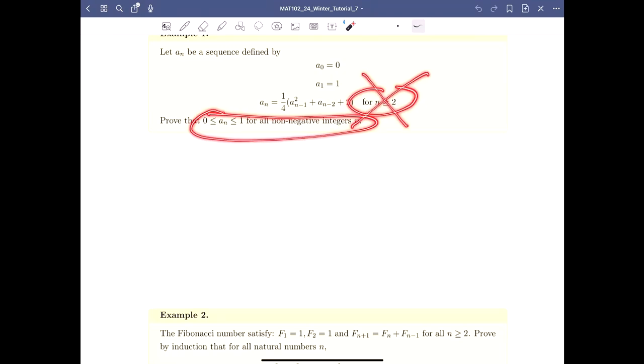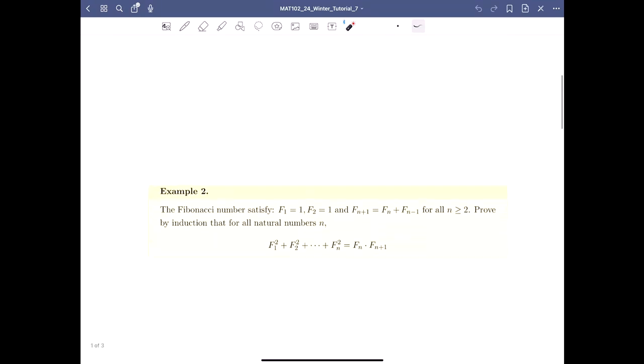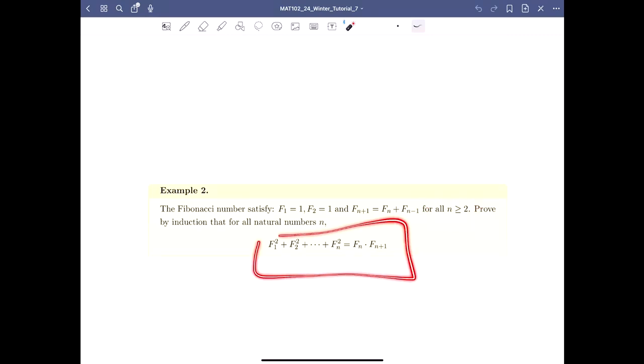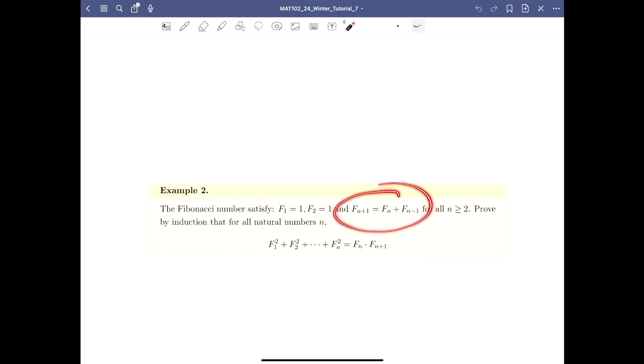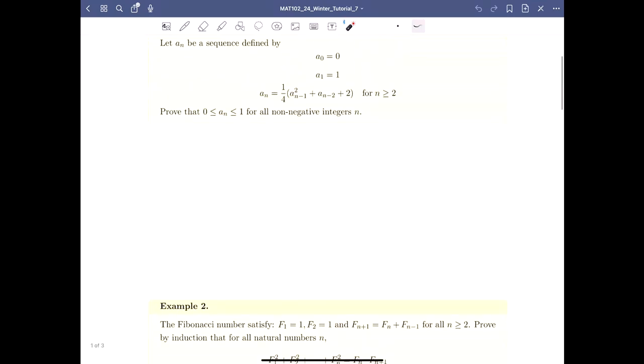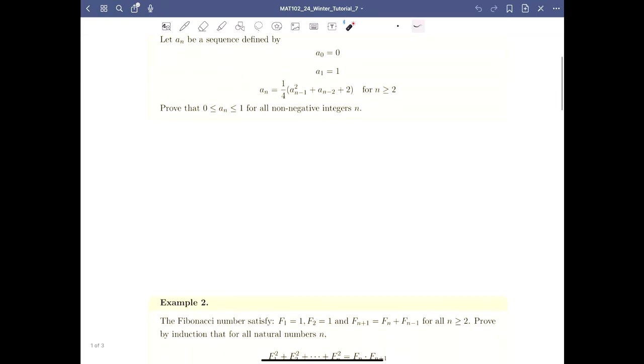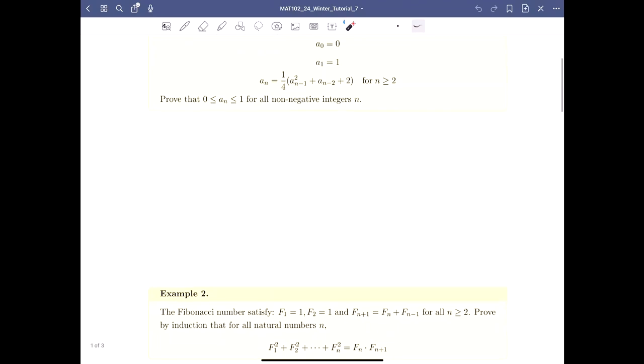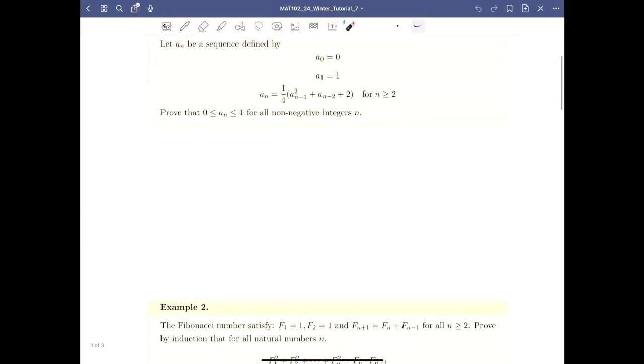Similarly here, although it says n greater than or equal to 2, that's not what you need to prove. This is what you need to prove, right? So you need to think, what is the smallest number n for which this is true, not the recursive definition. So if your base case starts with 2, that's wrong for both questions.